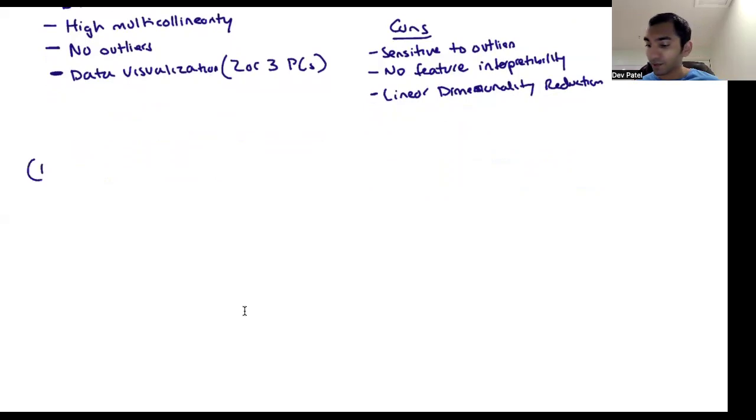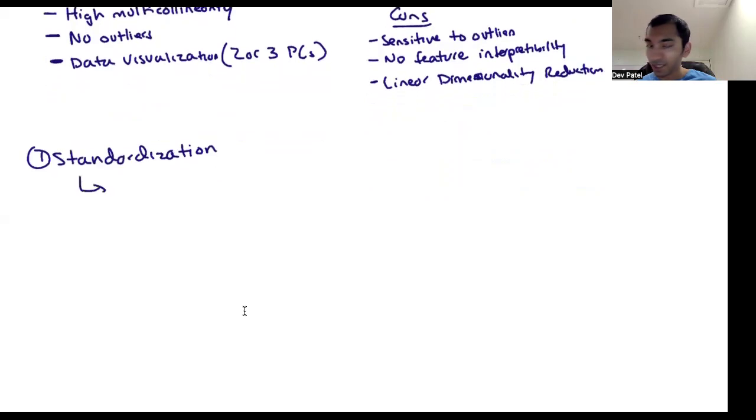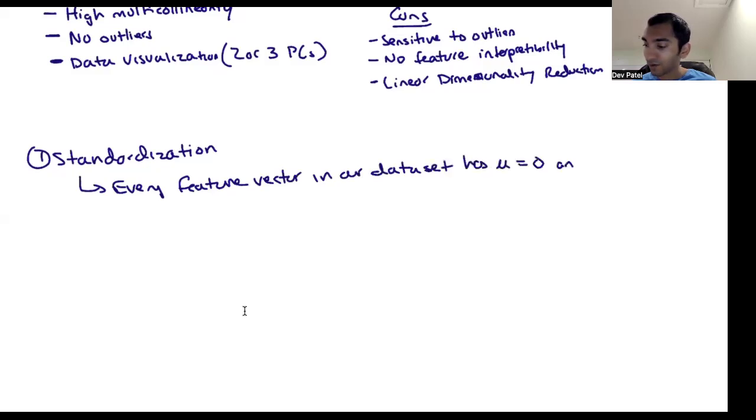The first step in principal component analysis is standardization of the data set. By standardizing the data, we make sure that every feature vector in our data set has a mean of 0 and a standard deviation of 1. You can think of this as every column in our data set having mean 0 and standard deviation 1.